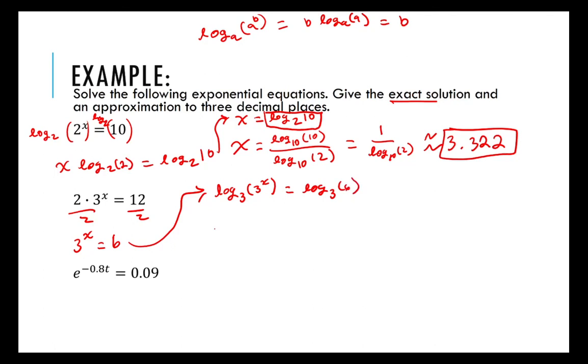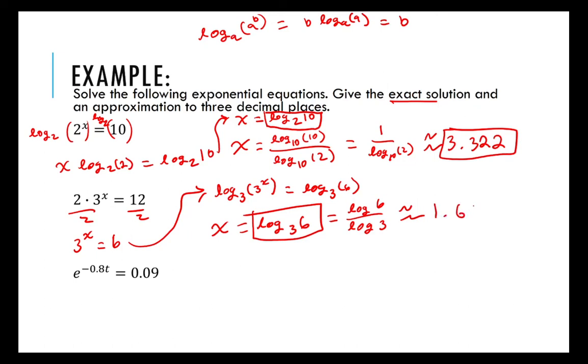Then my exact solution is done, because log base 3 of 3 to the x is x, which is then equal to log base 3 of 6. There's my exact solution. But if I want an approximation, remember that I need to use the change of base formula, so this is going to be log base 10 of 6 divided by log base 10 of 3, which I then get to be approximately 1.631.